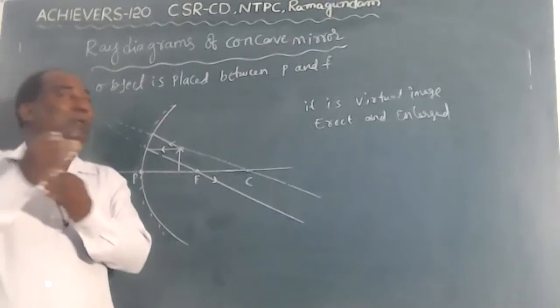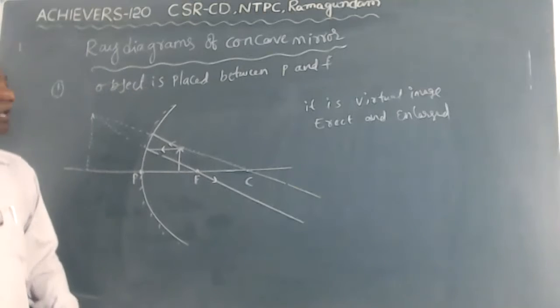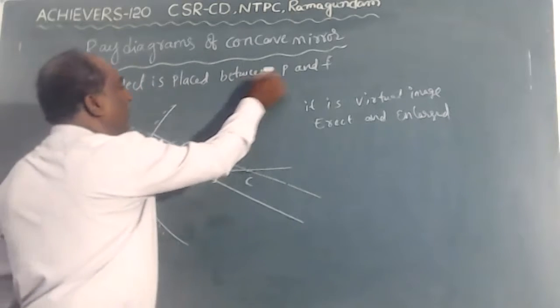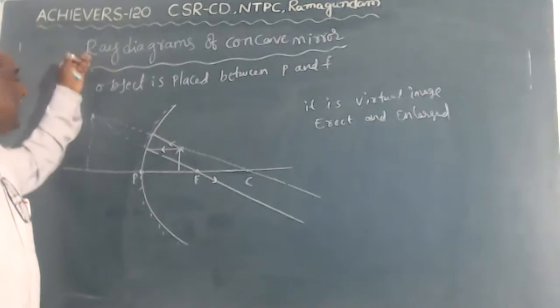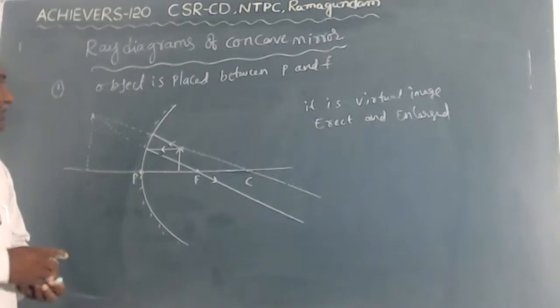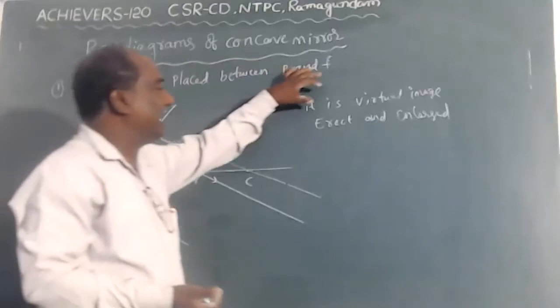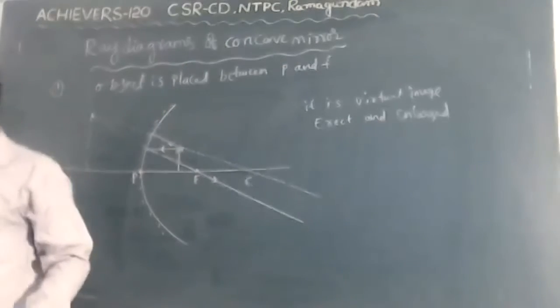For a concave mirror, it depends on the position of the object. It is only possible when the object is placed between pole and focus. In this condition, a concave mirror forms a virtual image. So it is the first question. The image is virtual, erect and enlarged. This is the first ray diagram.